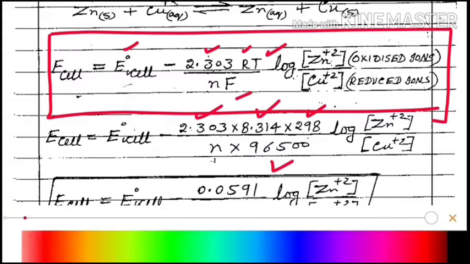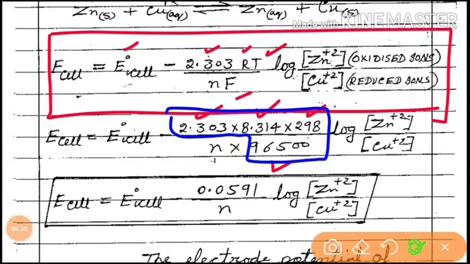And when we calculate all these things, we get 0.0591 upon n. And what is the n? That is the number of electrons lost or gained during the process.